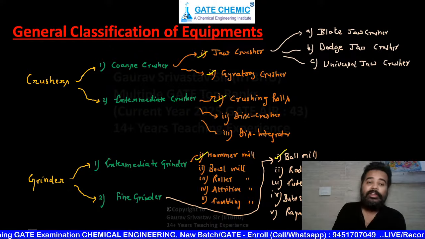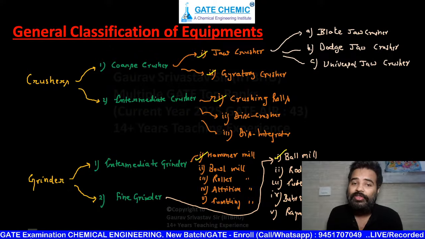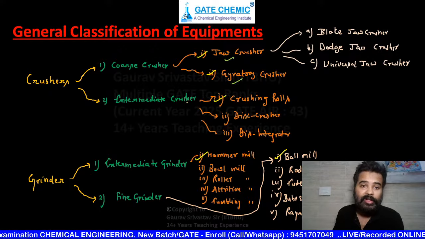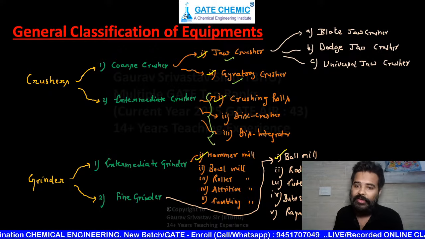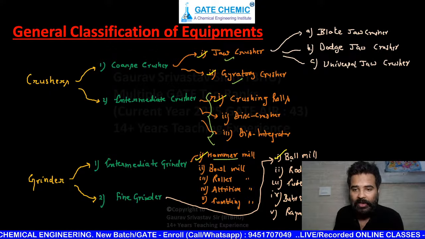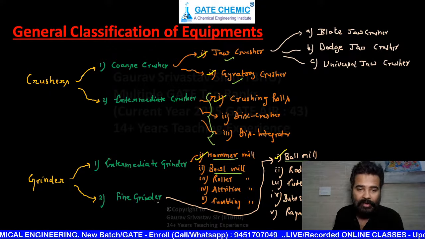General classification is given here. Crushers you can classify as coarse crushers and intermediate crushers. In coarse crushers, jaw crusher and gyratory crusher. In intermediate, crushing rolls, disc crusher and disintegrator come. Grinders: intermediate, hammer mill, ball mill. And fine grinders.